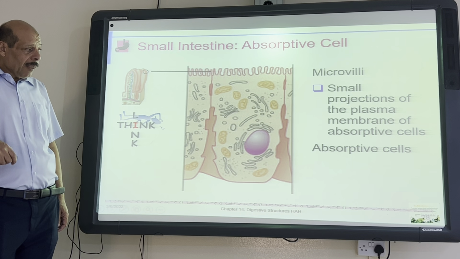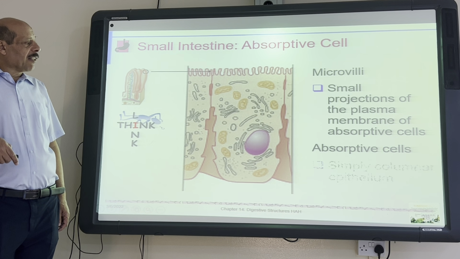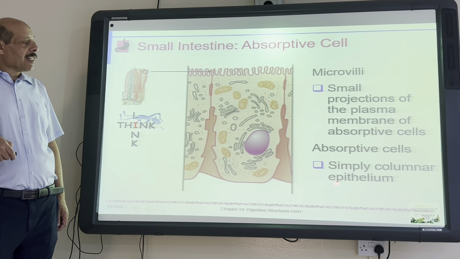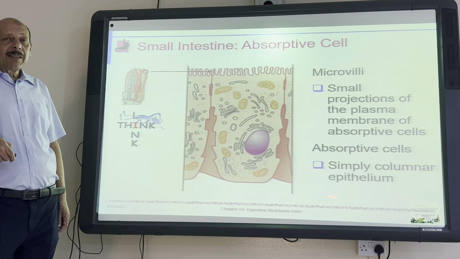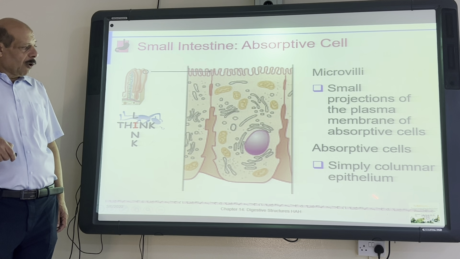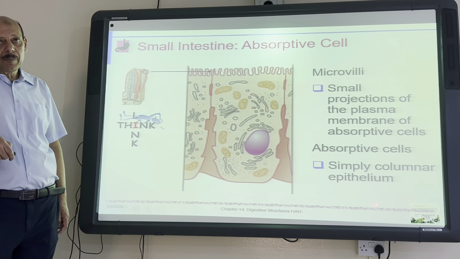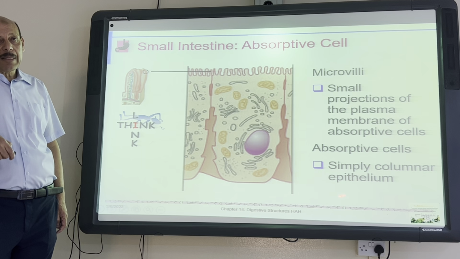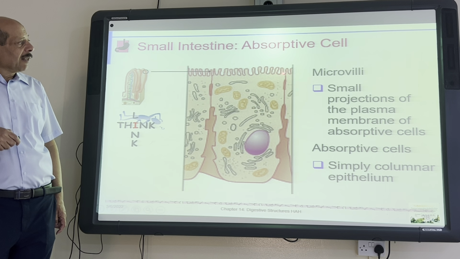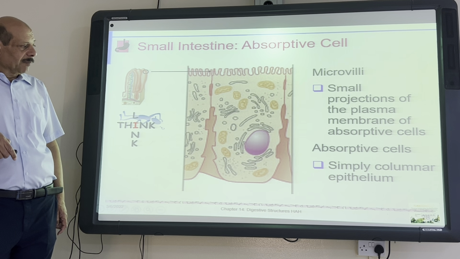So absorptive cells are there. It is composed of simple columnar epithelium. The structure of the microvilli.